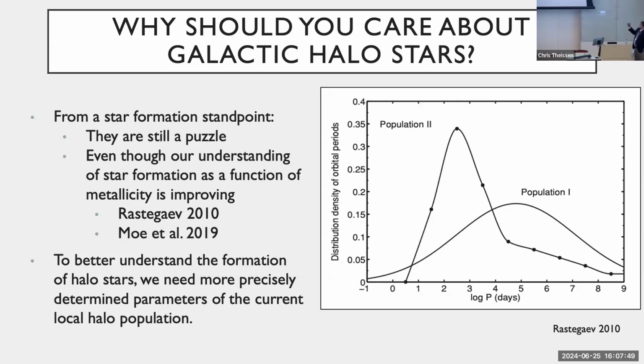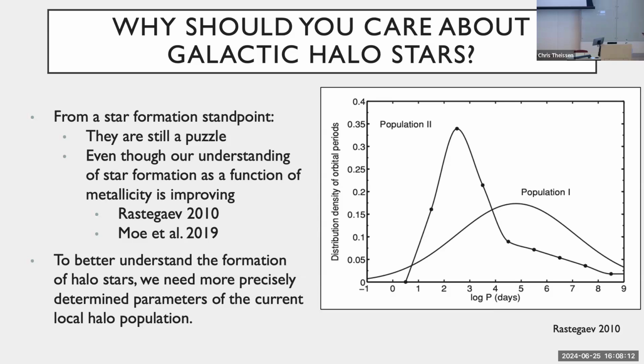In particular, in 2010, Raghavan did a combined speckle imaging plus literature spectroscopic and visual binary data, and mapped out what a sample of halo stars, solar type halo stars within, I believe, 250 parsecs, what that binary function was, and that's shown on the right over here as a function of period.